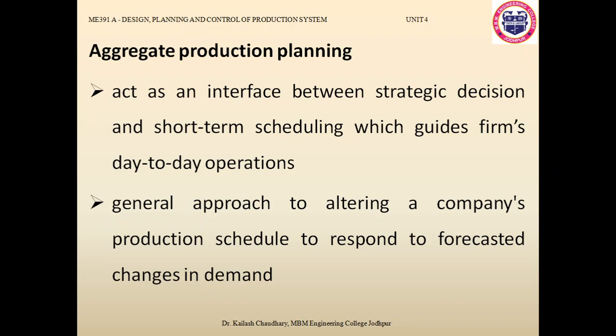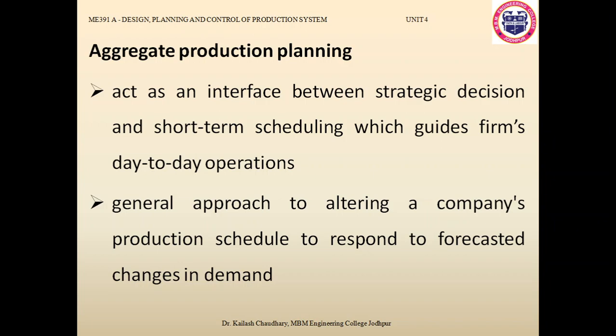Then comes the aggregate production planning. It acts as an interface between strategic decision and short-term scheduling, which guides firms' day-to-day operations. So it is an intermediate level planning. As we discussed in previous lectures, there are three kinds of planning: long-term planning, short-term planning and intermediate planning. This aggregate production planning comes into the category of intermediate planning, because it is the interface between the strategic planning and short-term planning.